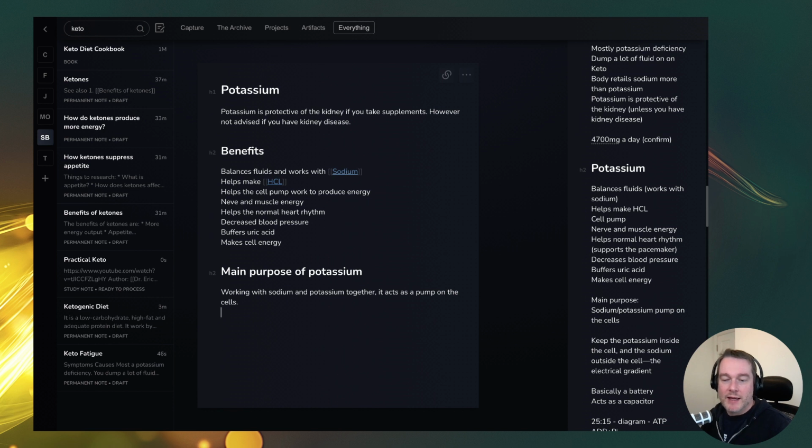So the body keeps potassium inside the cell and the sodium outside the cell, creating an electrical gradient.